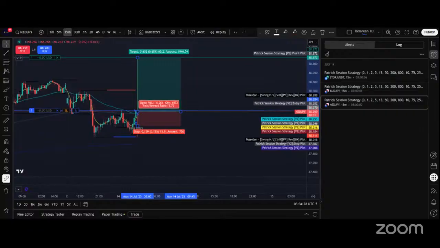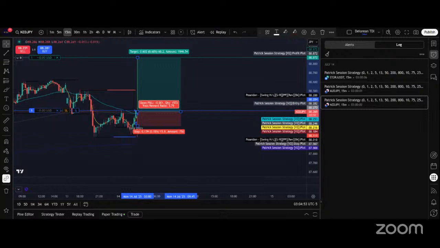And this is NZD, New Zealand dollar, versus the Japanese yen, the 15-minute confirmation, market execution buy, 3.79 risk to reward ratio. Take profit at 88.872. This is going to be for 60 pips.